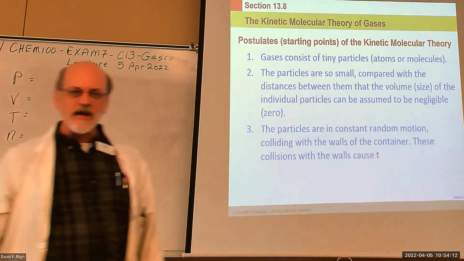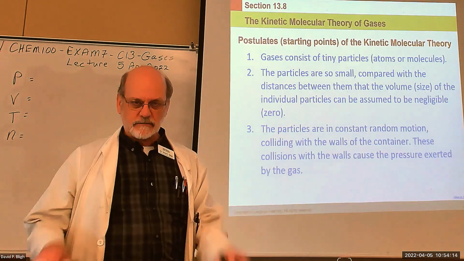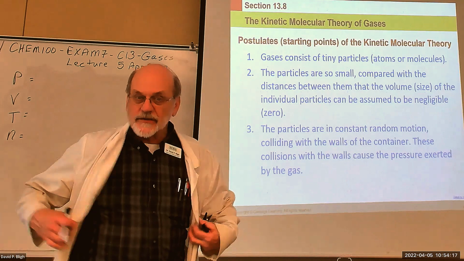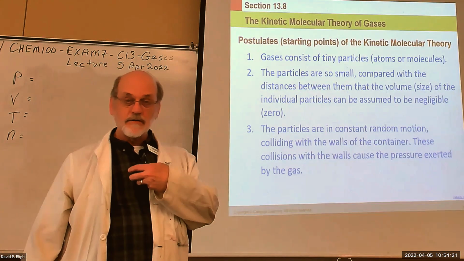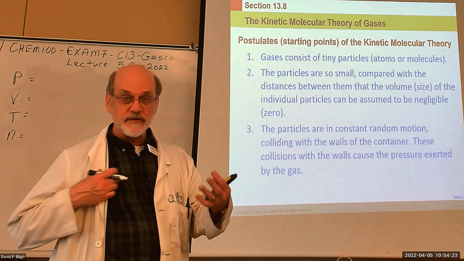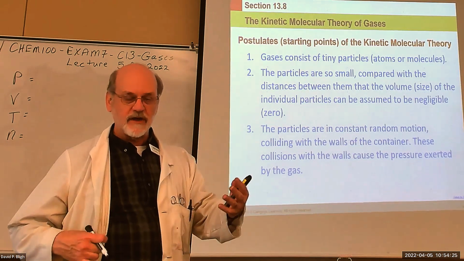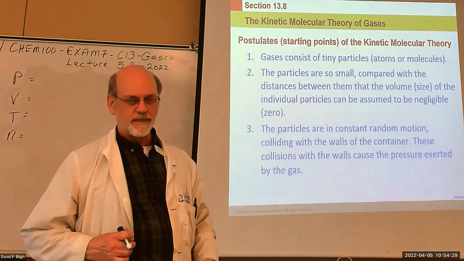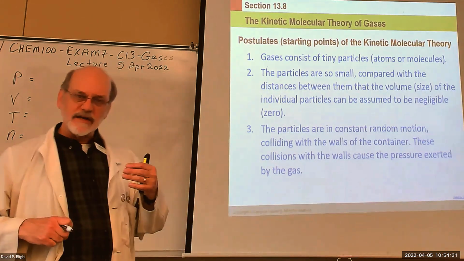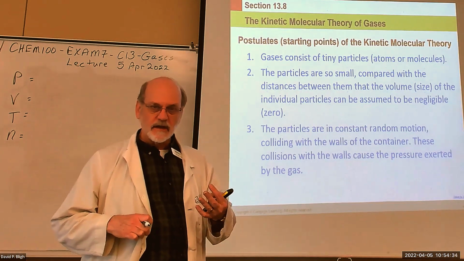These particles are in constant random motion, right? Constant is fairly easy to deal with. If we've got a measurable temperature for the gas, that means there's energy there. And energy means those molecules are going to be moving. The random part is out of necessity.